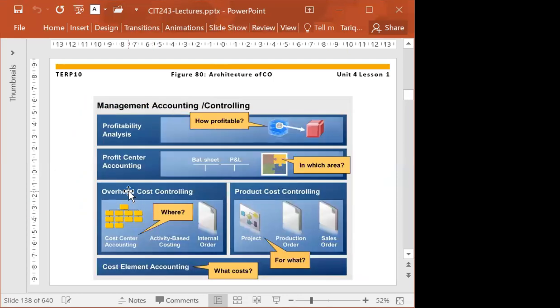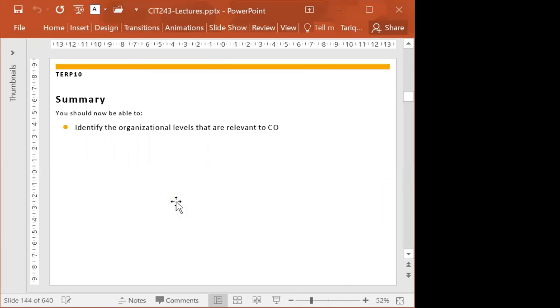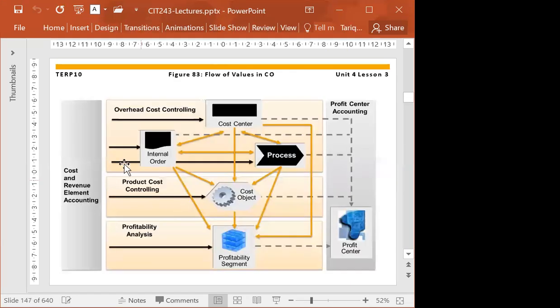You see that in cost element accounting, the transactions are coming from the bottom, from finance, and going to the overhead cost controlling or product cost controlling. So there are two different areas that we are receiving the transactions in: product cost controlling and overhead cost controlling.